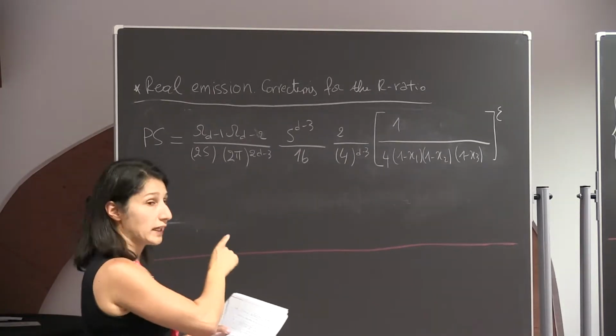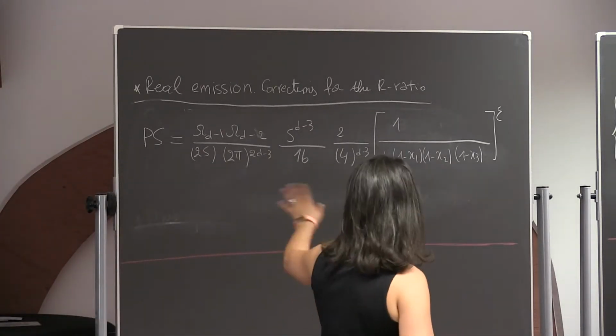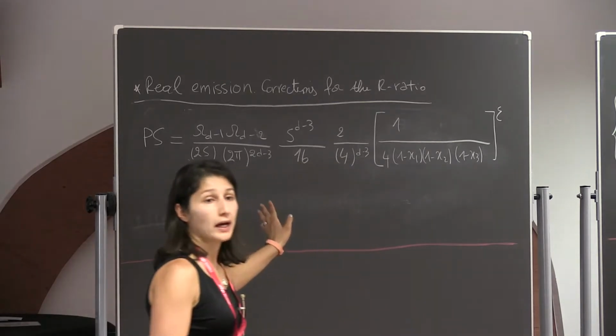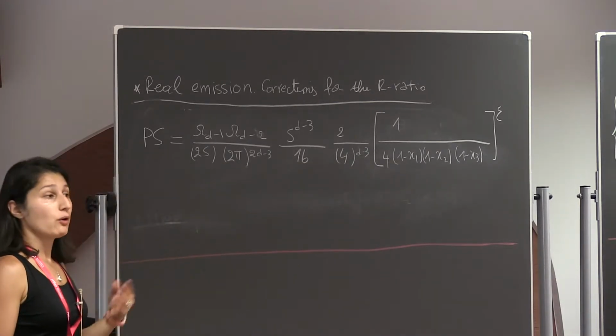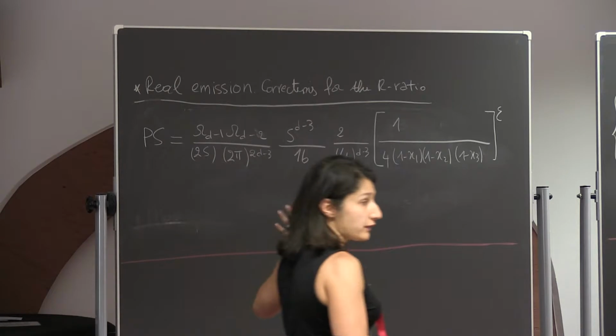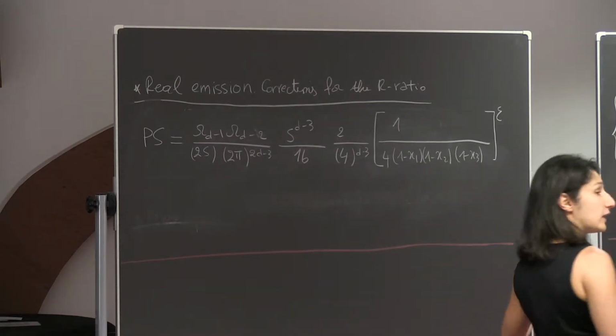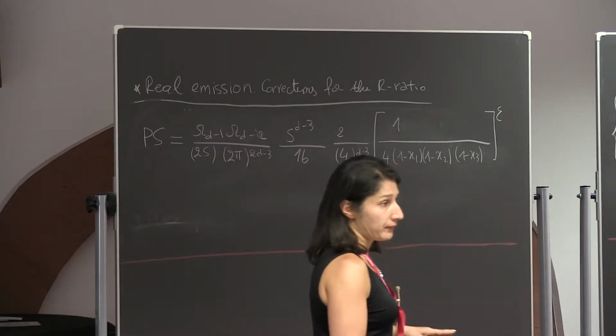When you use these variables x1, x2, x3, you can write it in a much simpler way than what we had originally. And now I will do a next step and try to write this phase space for the real radiation in terms of my leading order phase space.